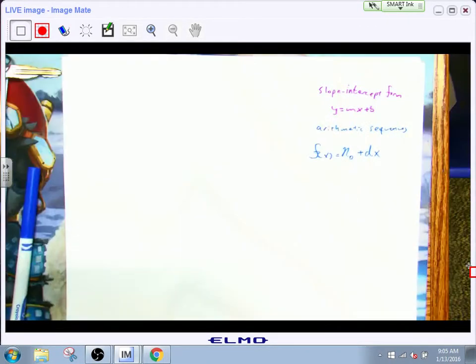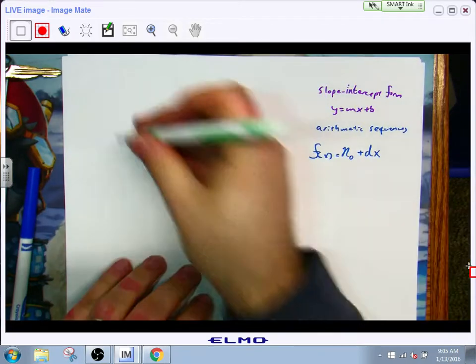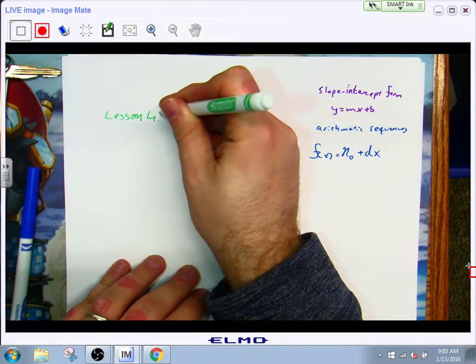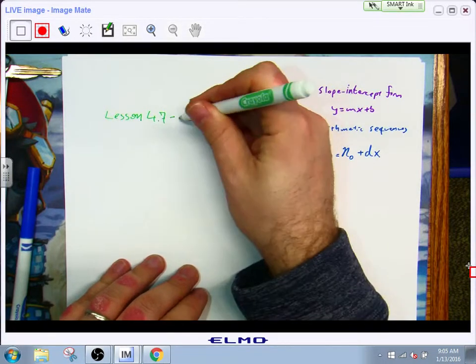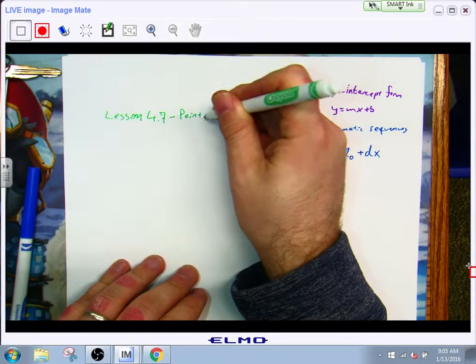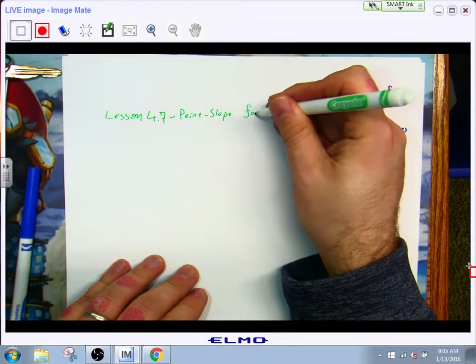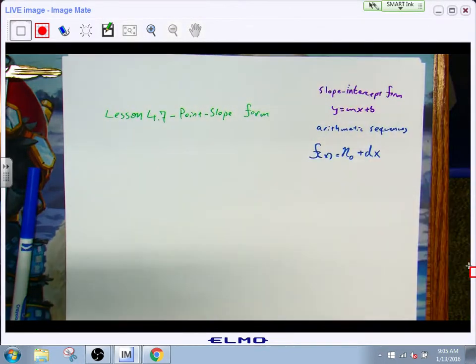But today I want to do a different one. This is a lesson for 4.7, which is point slope form. And I've said this multiple times: mathematicians are incredibly lazy.